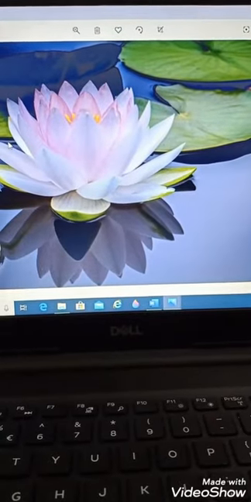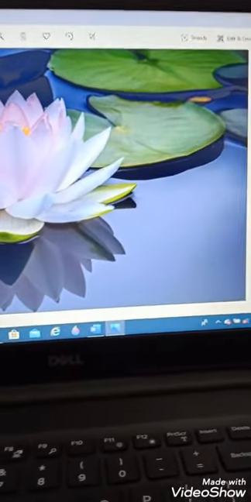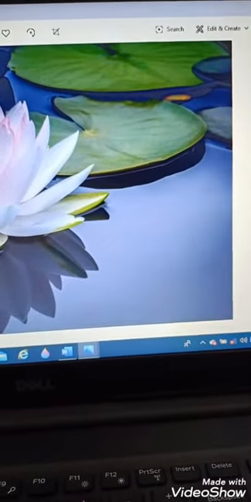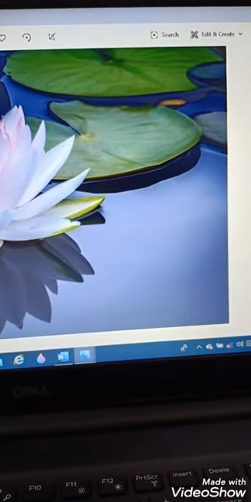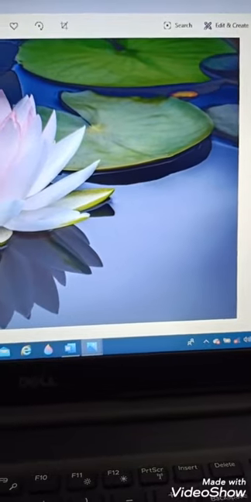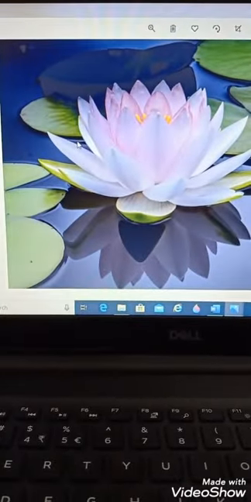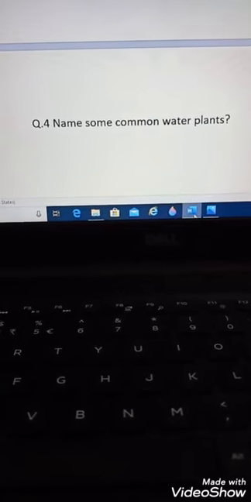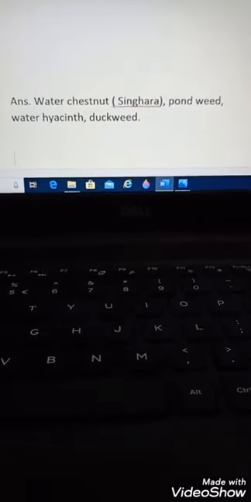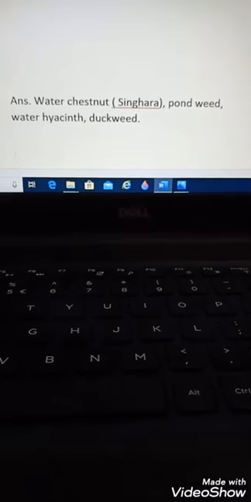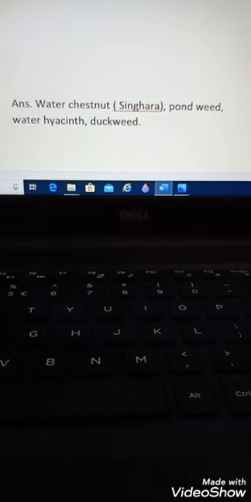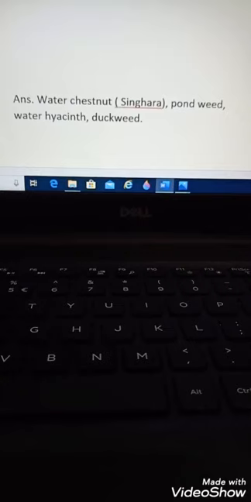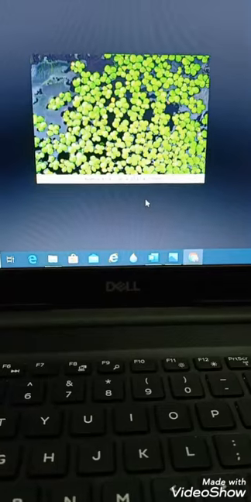See the picture of lotus. Look at the leaves. They are so broad and beautiful, so big, na? Name some common water plants. Water chestnut, singhara, pondweed, water hyacinth and duckweed.